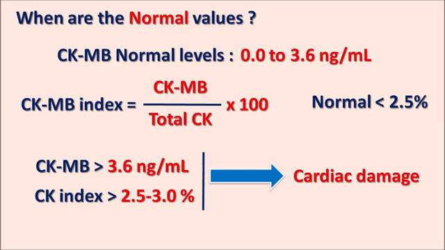Or whenever the total CK levels are elevated, it may indicate either cardiac or skeletal muscle damage. In order to assess the cardiac damage, the CK-MB test may be done, and when these CK-MB levels are elevated, it indicates possible cardiac damage and it can rule out skeletal muscle damage.